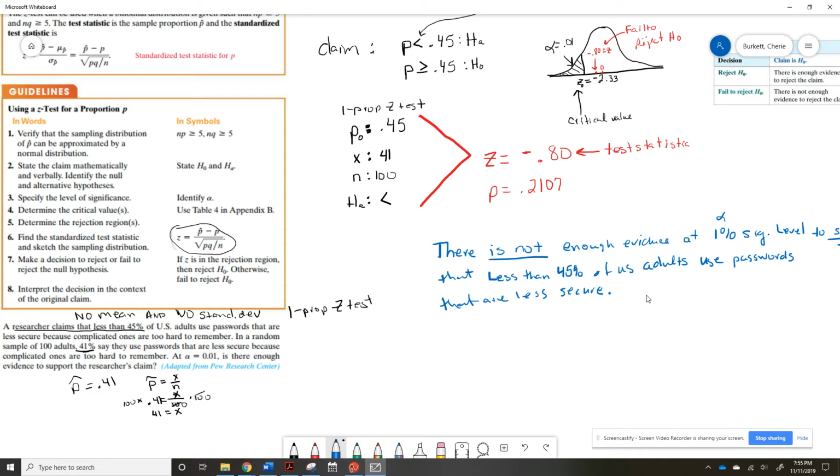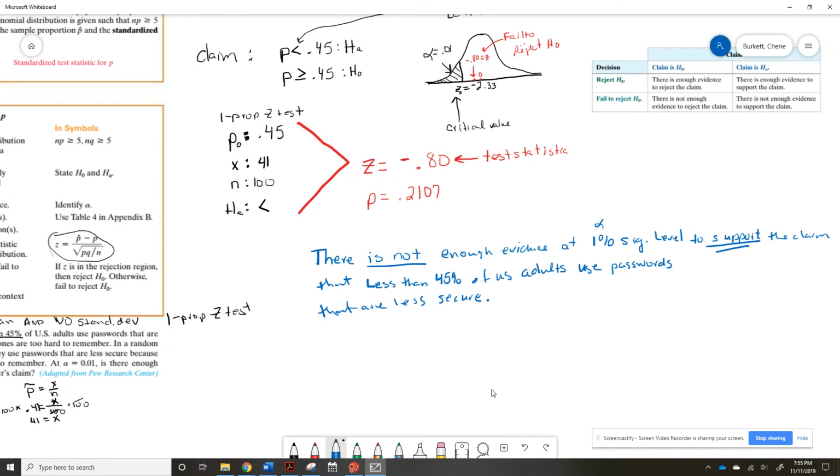There is not enough evidence at 1% significance level to support the claim that less than 45% of U.S. adults use passwords that are less secure.